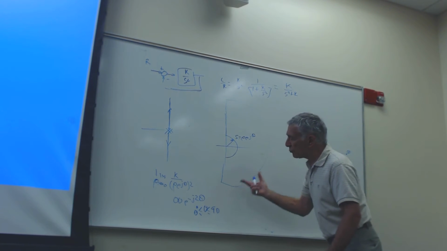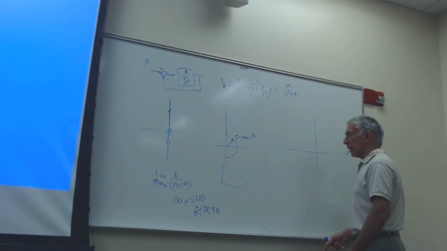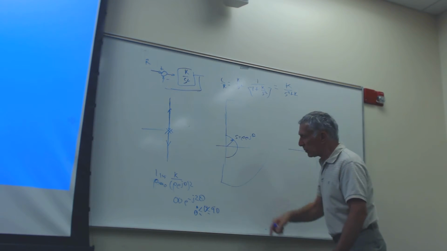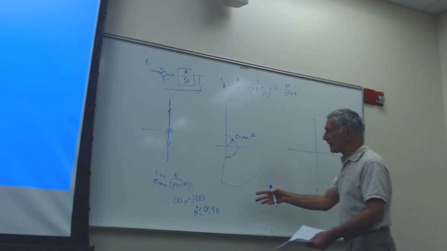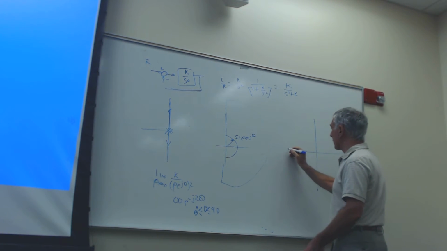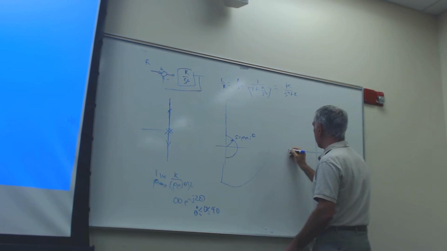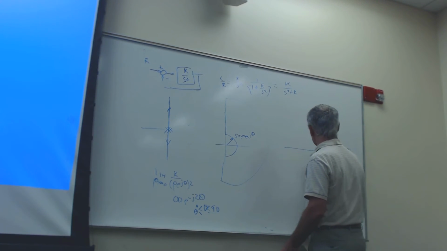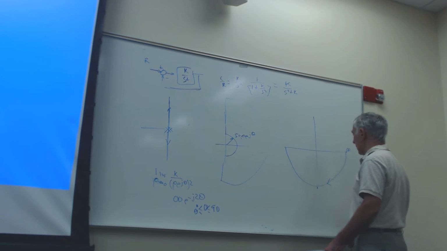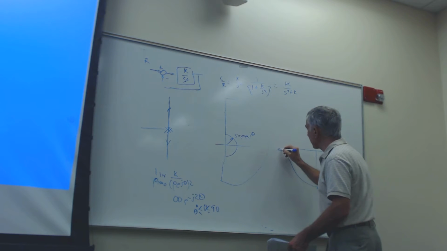Theta equal to 45, you get minus 90, and so you get a point here. Theta equal to 60, you get minus 120, and theta equal to 90, you get minus 180. So it goes from infinity angle 0 to infinity angle 180. So it wraps around like this. Okay. And so this point here is minus infinity.